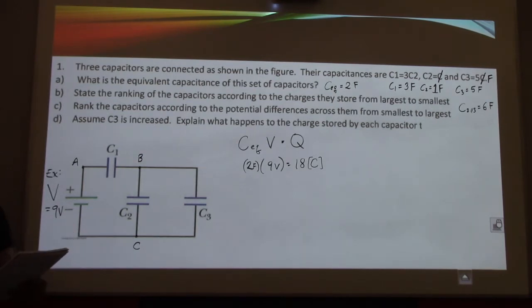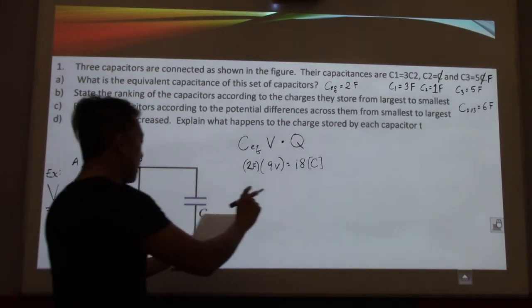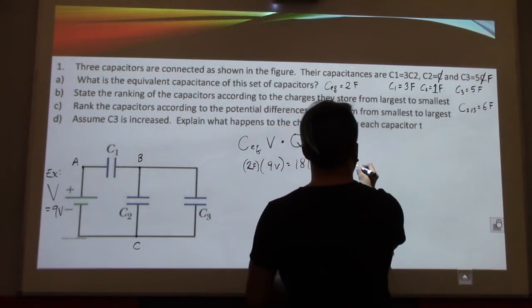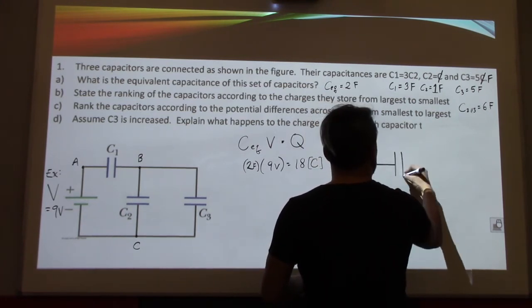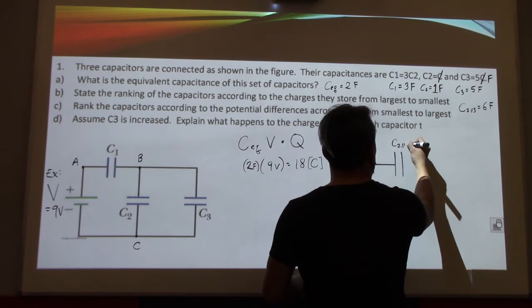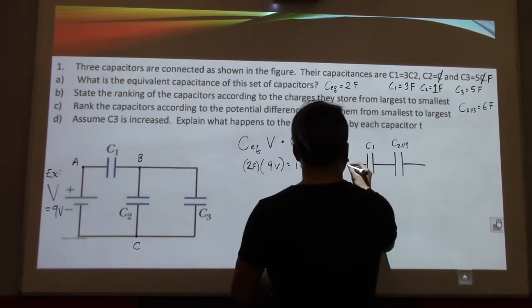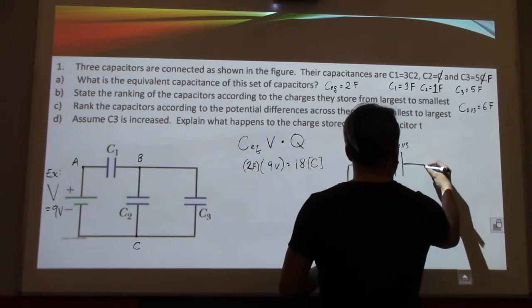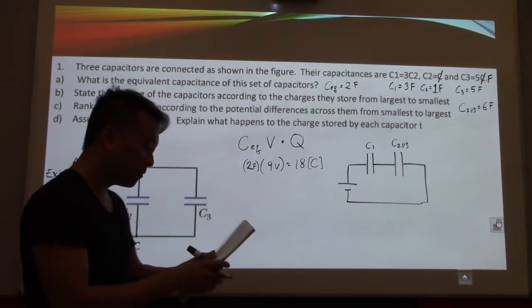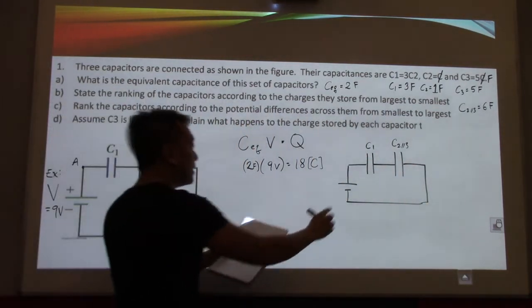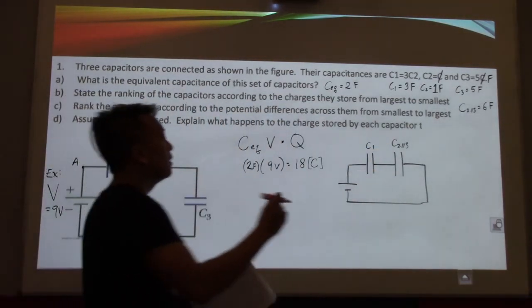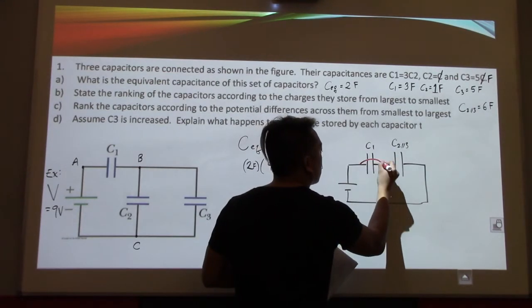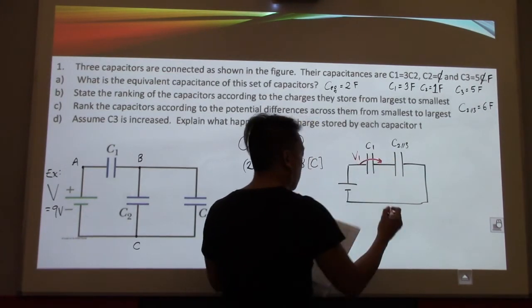Okay, now from there, we have to find the voltage. So let me just redraw that again. That was C1, and that was C2 parallel 3. Going back to this picture, we can see that the voltage across this, I'm using another marker, call it V1.